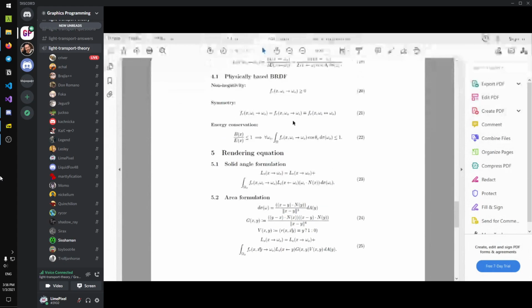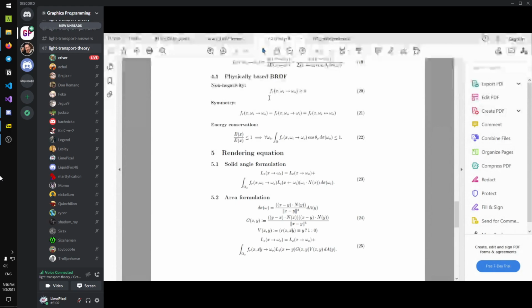And omega is an infinitely small solid angle, right? Here you can think of, in your implementation, omega would simply be a direction. It can either be represented as two angles, so in spherical coordinates, as theta and phi, or you can represent it as a unit vector, a vector with length 1.